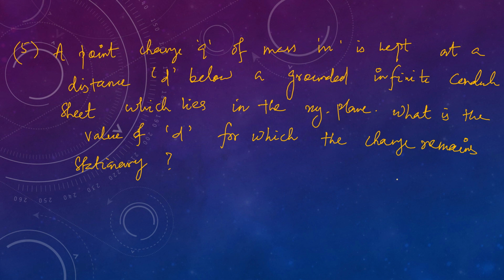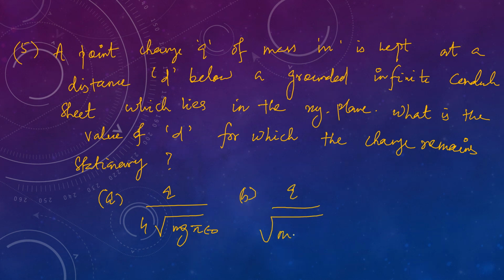Point charge q. So the options are q by 4 root over of mg pi epsilon naught, q by root over of mg pi epsilon naught, and infinite mg pi epsilon naught by q.